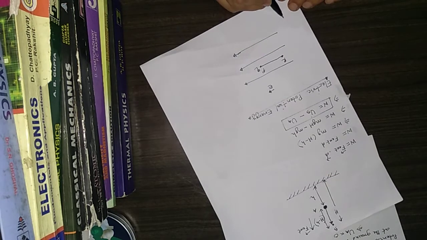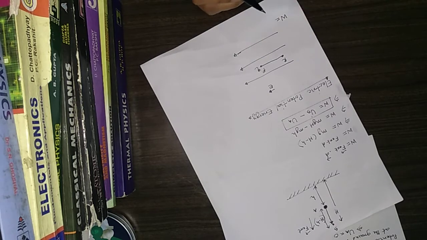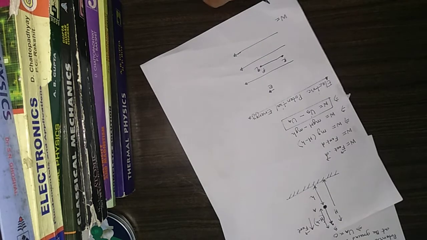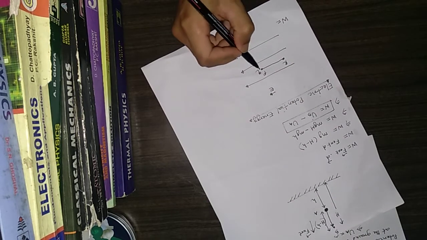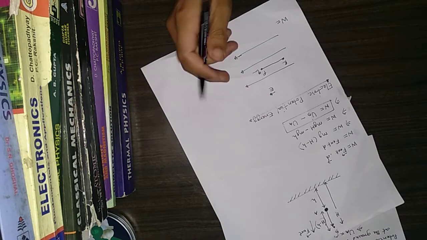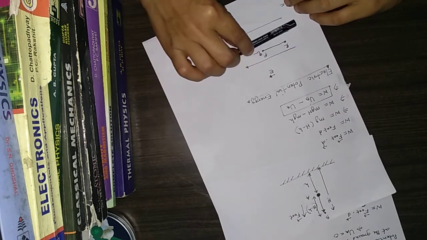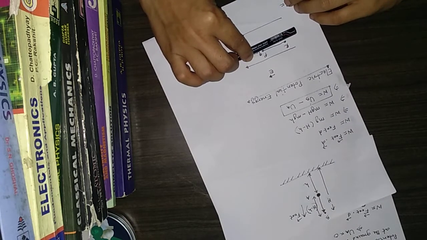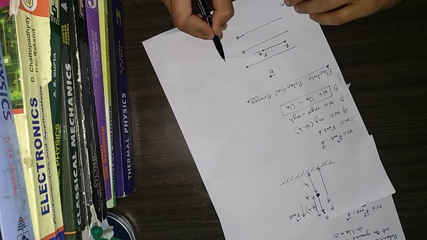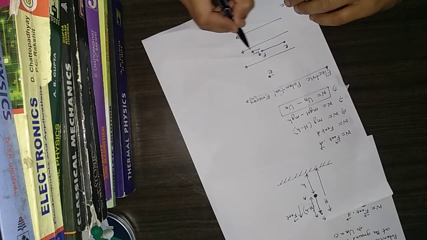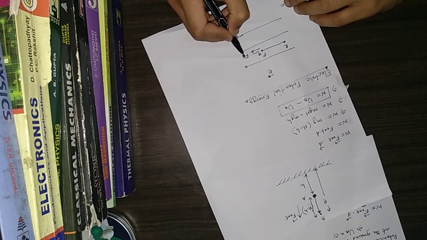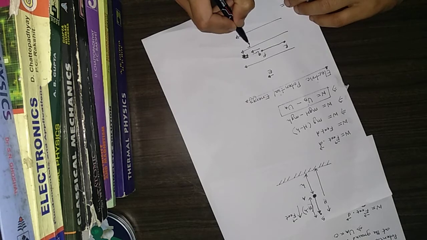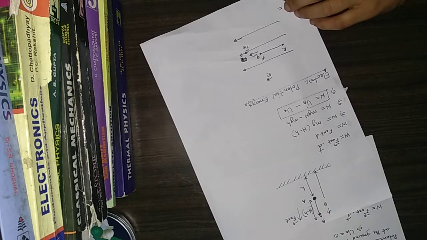Then you need to calculate the work done in taking the charge from point P to point R. Now the Q charge is experiencing a force in this direction. That means the electric field is exerting the force in this direction. This is the direction of electric force, Fe, similar to gravitational force.